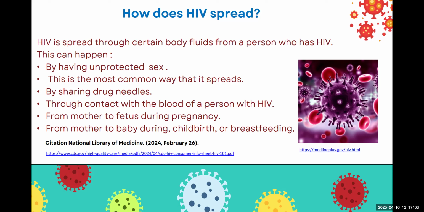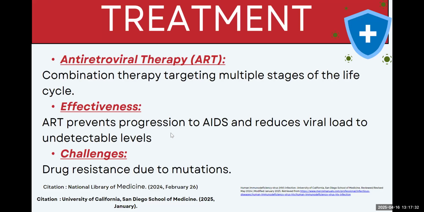The second way is by sharing needles, or by blood donation, if somebody receives blood donated from a person affected by HIV. It also spreads from mother to fetus during pregnancy, childbirth, or even breastfeeding, because it's a kind of fluid that transfers to the host or the victim.